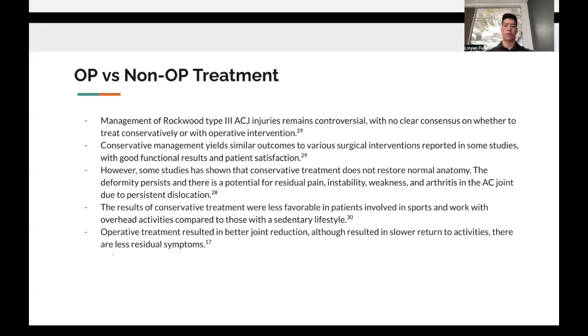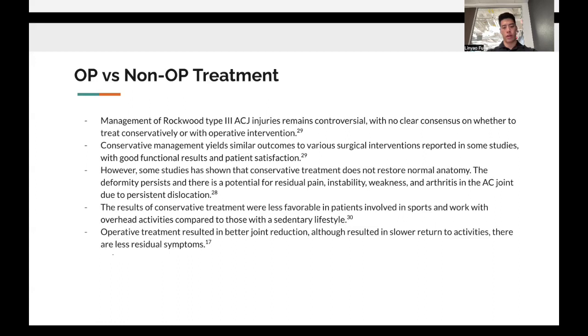So there's still anatomical deformity, and there's high potential for residual pain, instability, weakness, and also high likelihood of arthritis of the AC joint. Also, the results of conservative treatment were less favorable in patients involved in sports and work with overhead activities compared to those with a sedentary lifestyle.